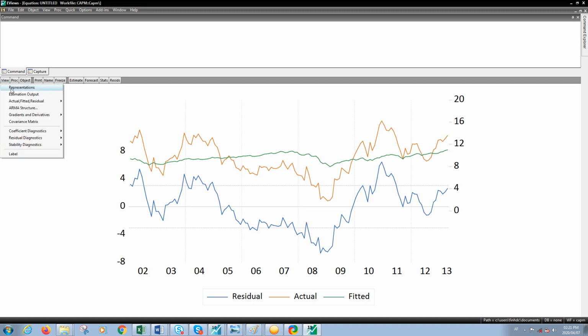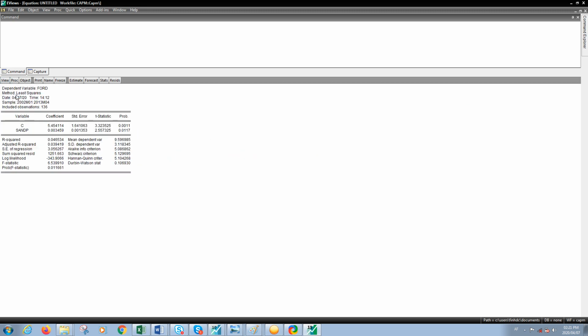We go to view, go back to estimation output. This gets us back to our initial page, and our p-value is the prob of our S&P. Remember, for us to reject the null hypothesis of beta being 0, thus to reject that our S&P does not have a statistically significant effect on Ford, our p-value needs to be lower than 0.05.